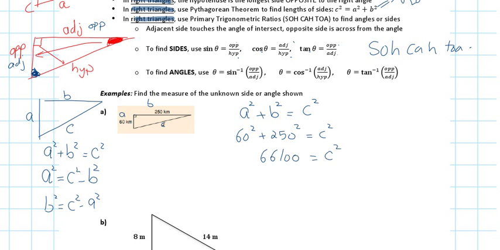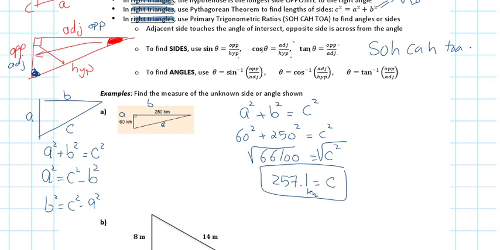Am I done? Did I find C? No, I found C squared. How can I find C? Square root. So my C is 257.1 kilometers.